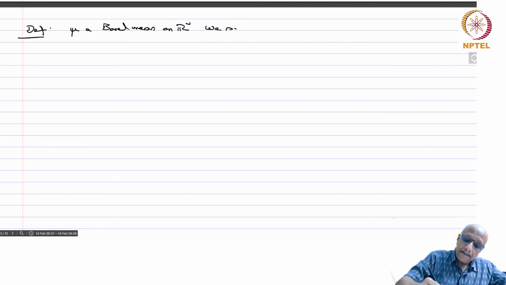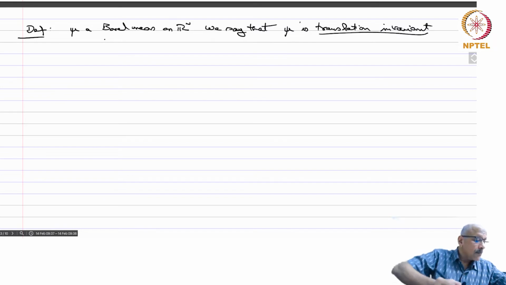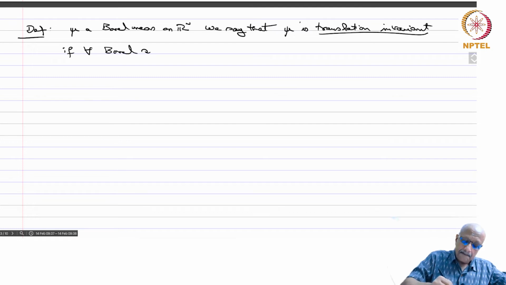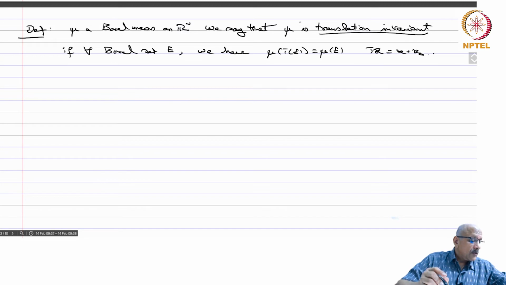We say that mu is translation invariant if for every Borel set E we have mu of TE equals mu of E, where T of x equals x plus x naught. Okay, so now the Lebesgue measure is translation invariant.